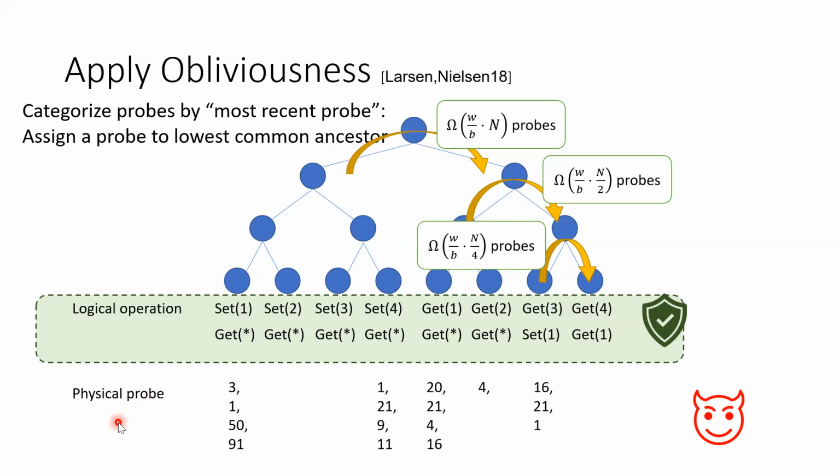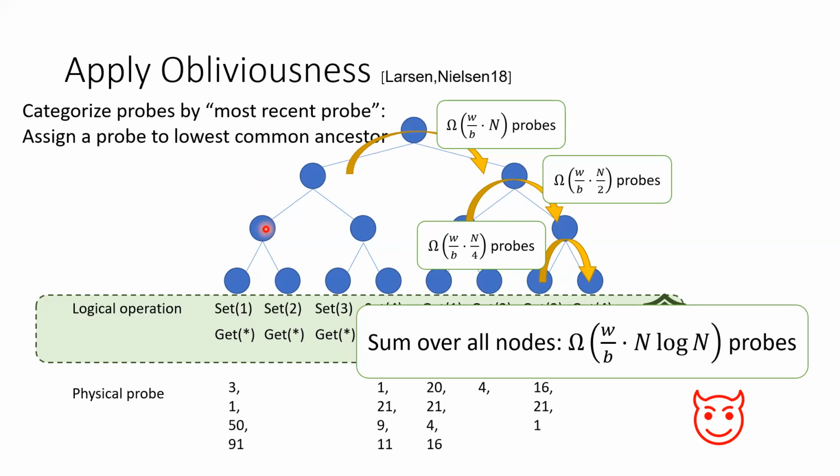So we can literally switch between all these internal nodes, add up all the assigned probes in all these internal nodes, and get a lower bound of n log n, where the first n is proportional to the number of operations in our logical operation sequence.